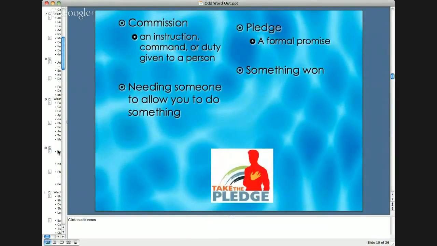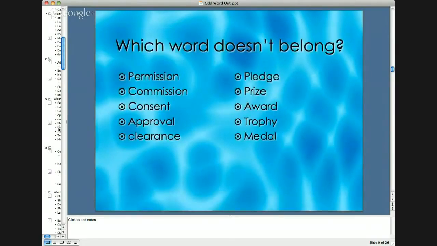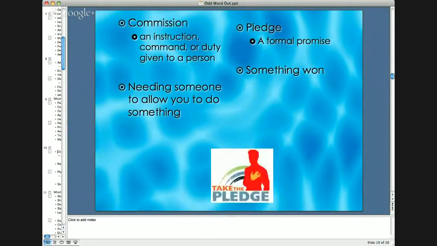A pledge. This is a formal promise. The rest are things that you can win. You can win an award, you can win a medal or a trophy for winning a soccer game, but you can't win a pledge. A pledge is something you make. All right, let's keep going.